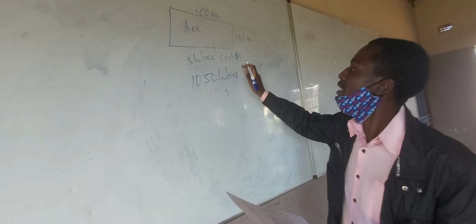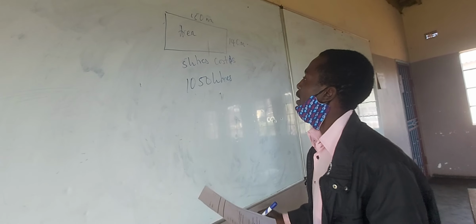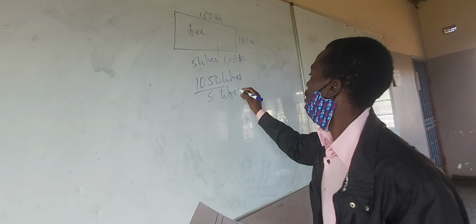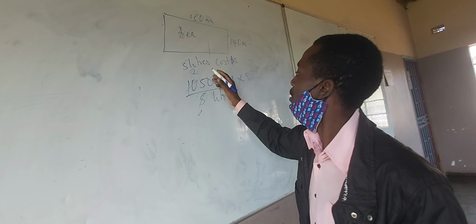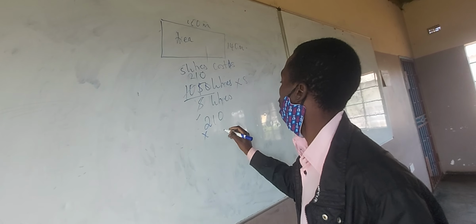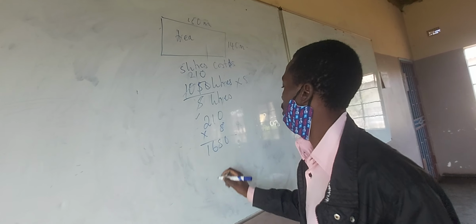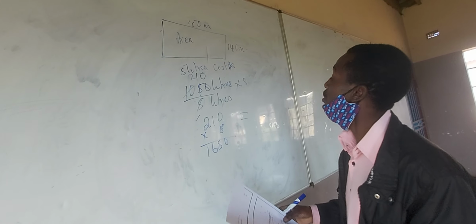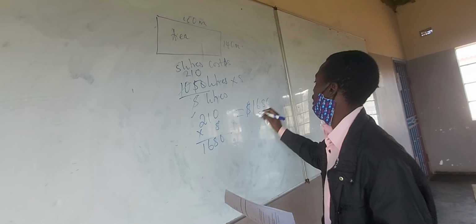To find the cost of this, we divide this by 5 liters, then we multiply by 8. 5 into 1,050 is 210. So 210 times 8: 0, 8, 16. So the cost of the chemicals needed to destroy weeds on the whole plot was $1,680.